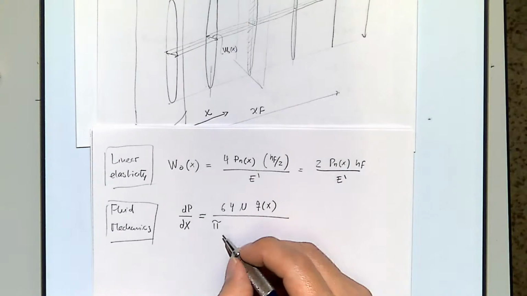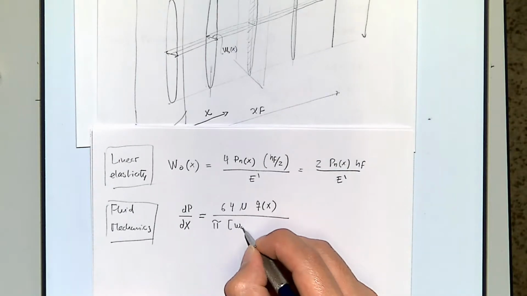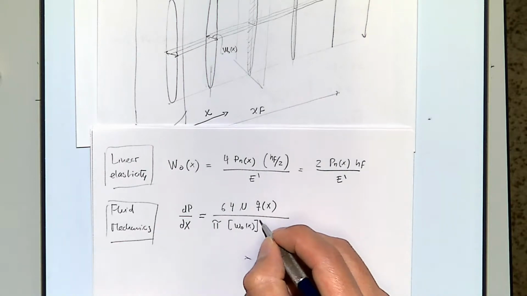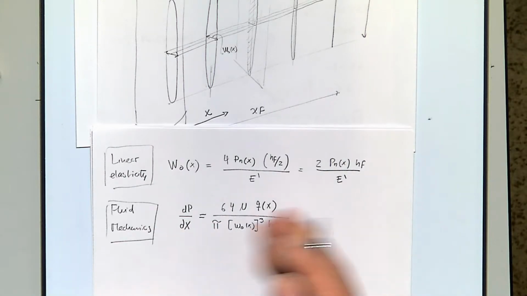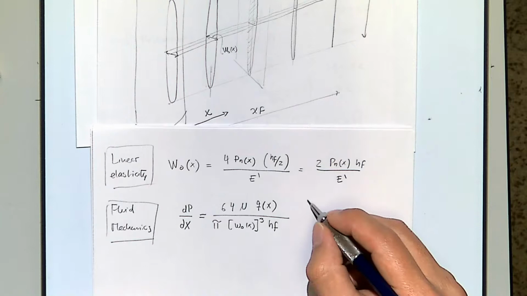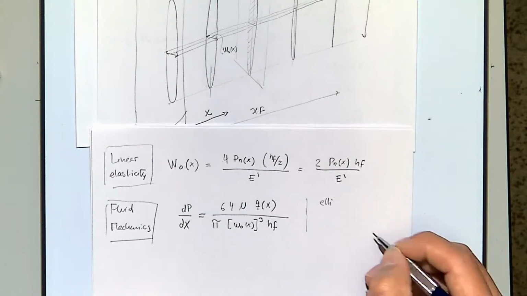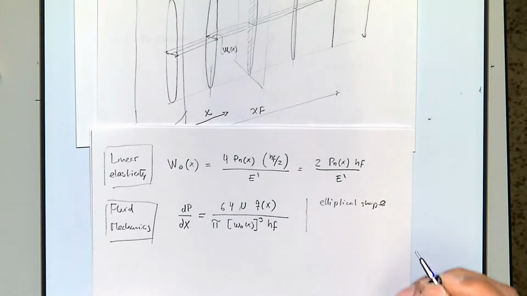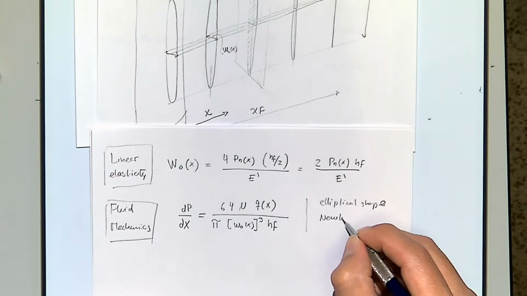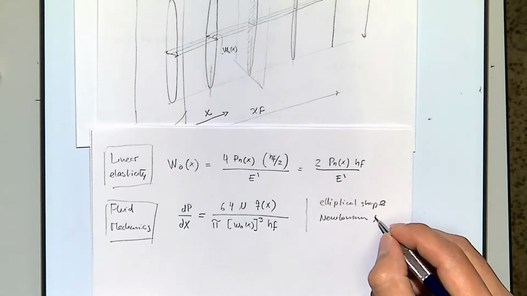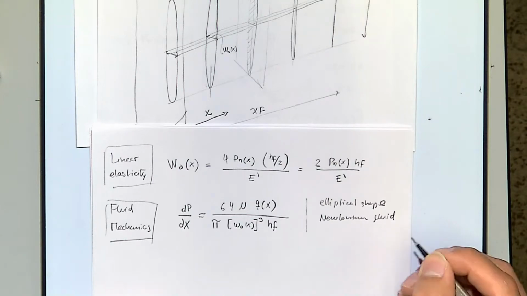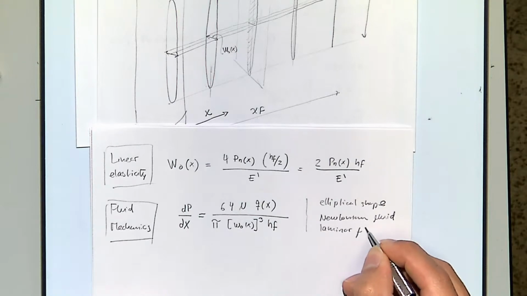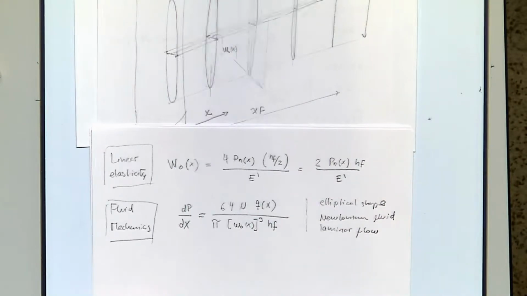A conduit that has the shape of an ellipse, but it's very similar to the one of the parallel plates. So this is for an elliptical shape, Newtonian fluid, so viscosity is constant, and laminar flow. Nothing new again.